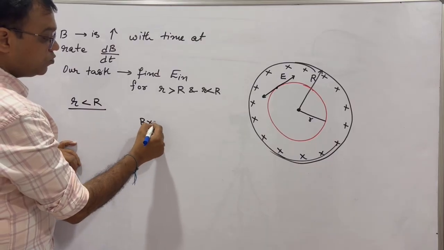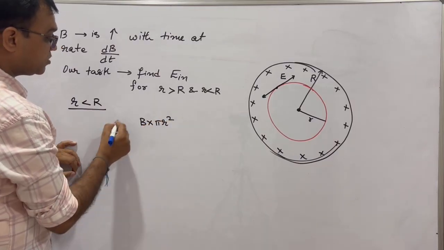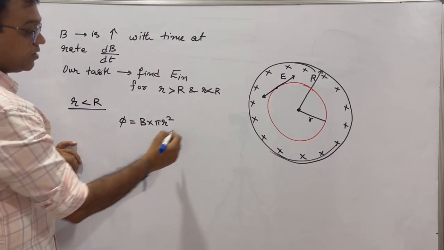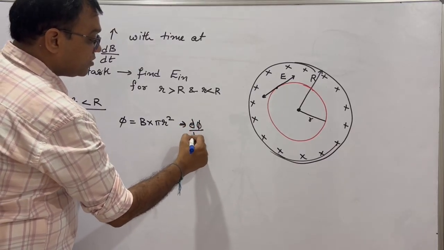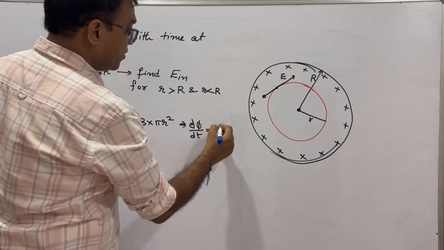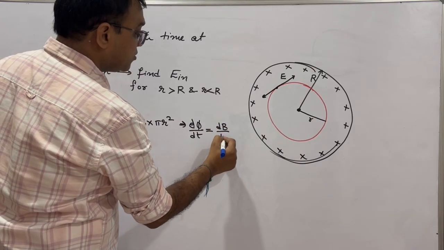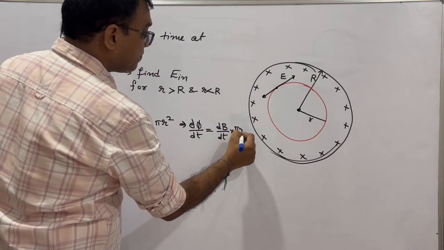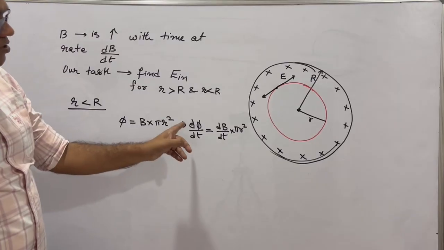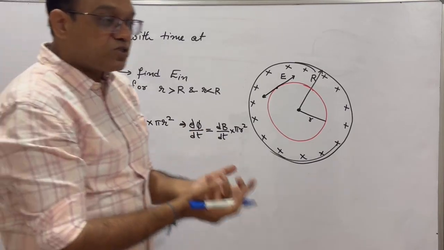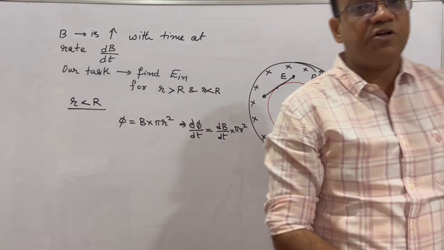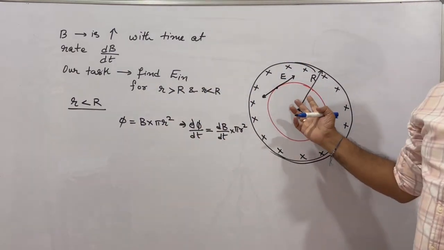Now what is the flux linked with it? B into pi r square. This is the magnetic flux linked. Then what is d phi by dt? d phi by dt is equal to dB by dt into pi r square. Now a negative sign will come in the EMF, but we will find the sign of the induced electric field by using Lenz's law.